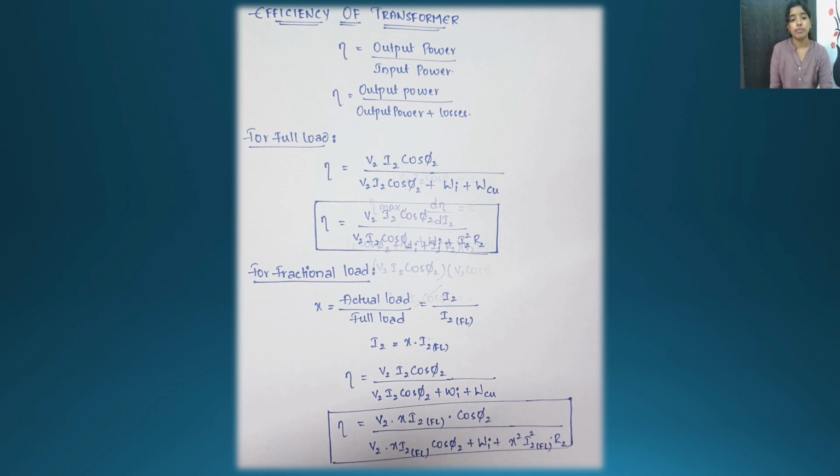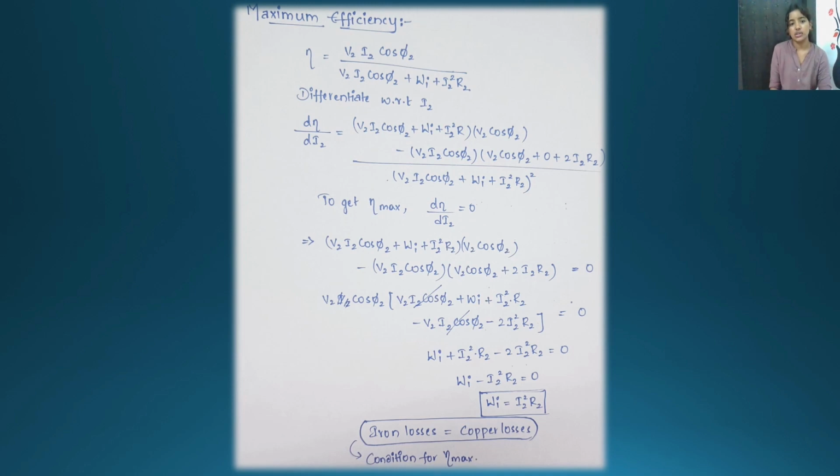Next comes the maximum efficiency condition. How do you get the maximum efficiency? By differentiating it. What is the variable here? I2. Differentiating efficiency with respect to I2, we get the equation, and to obtain the maximum efficiency, we need to equate the derivative to 0.